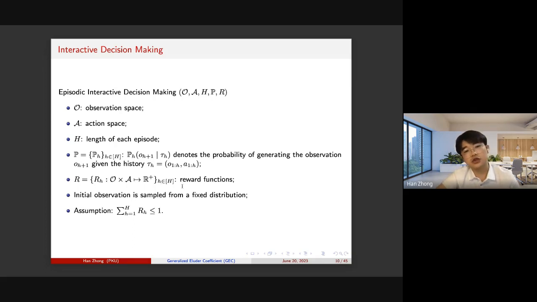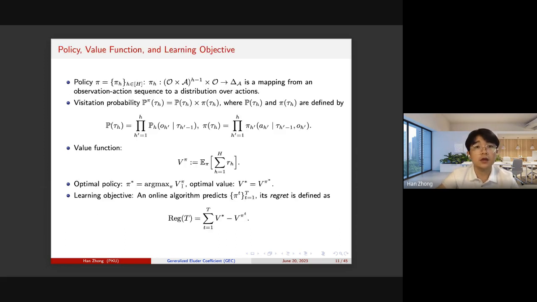We assume that the initial observation is sampled from a fixed distribution, and we also assume that the total reward in each episode is bounded by 1. In the general interactive decision making, we need to consider the general policy, which is a mapping of observation sequence.